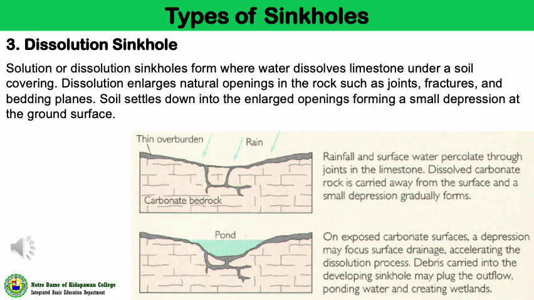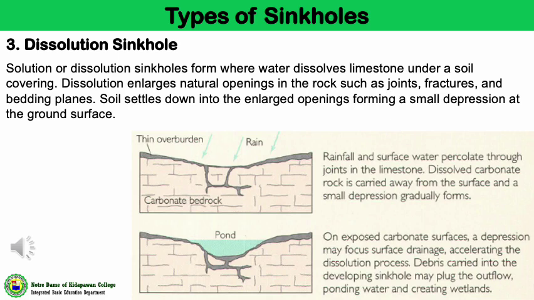Soil settles down into the enlarged opening, forming a small depression at the ground surface. So, in the beginning of a dissolution sinkhole, the rainfall and surface water percolate through the joints in the limestone. The dissolved carbonate rock is carried away from the surface and a small depression gradually forms.